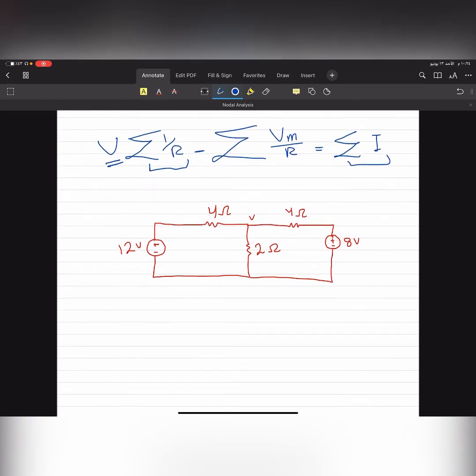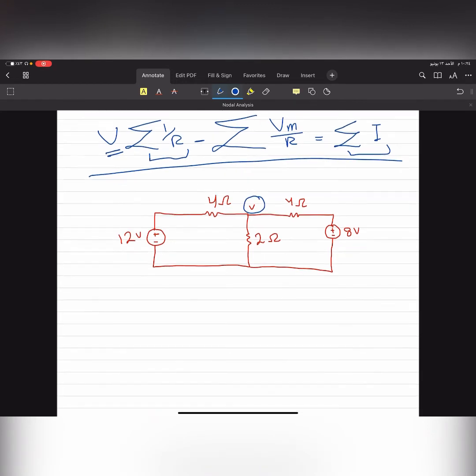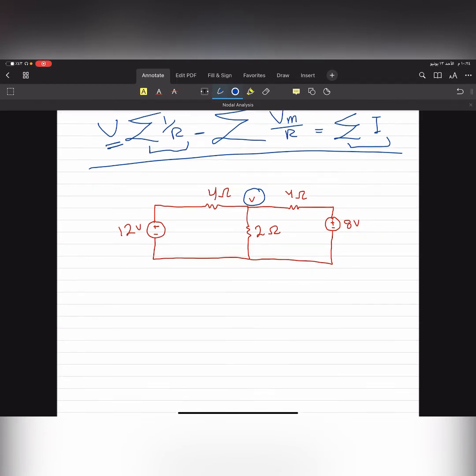You will find it confusing when I say it from here, but you will find it easier when I start to solve it. So if I just have this node here, and the voltage here is unknown, I can find it easily using this shortcut method.